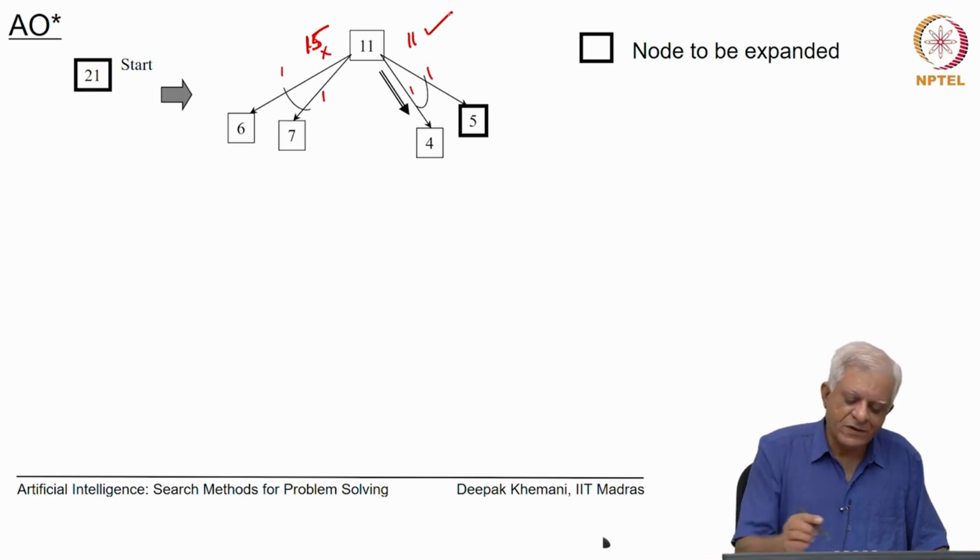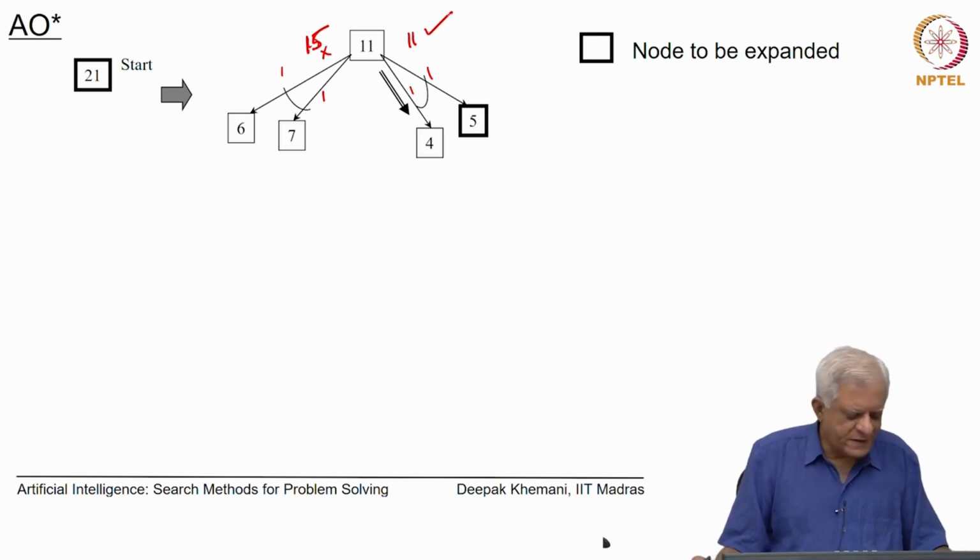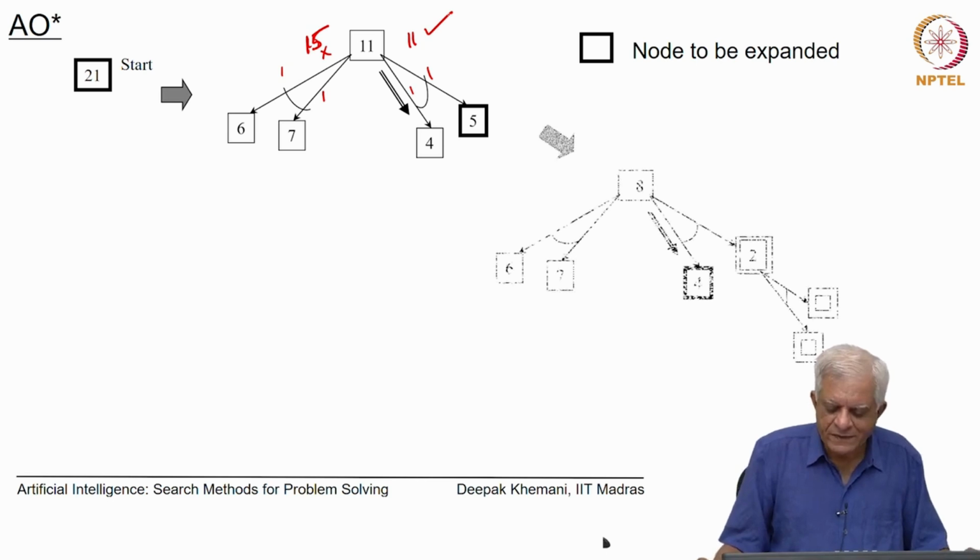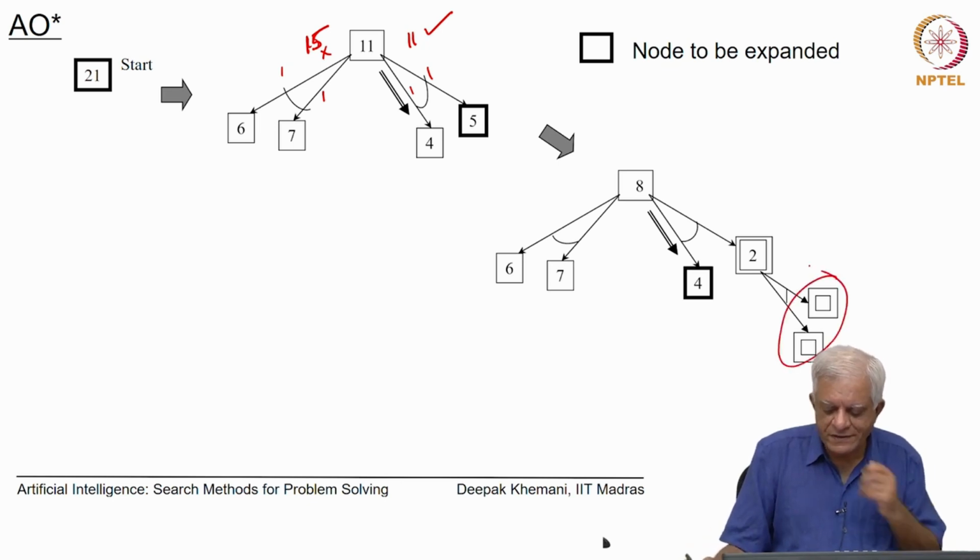So, the algorithm will in the next cycle go down this marker, and it will have to choose between one of the two nodes 4 and 5. Let us say for the argument that it chooses node 5, and if it does that, then it would have expanded the node that follows. Now, you can see that node 5, what was originally the value 5, has now been reduced to 2, and that is because it has got 2 children and they are both solved, and we said that solved nodes have cost 0.